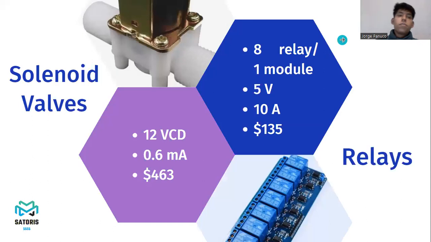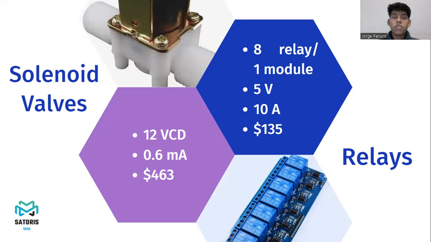Now I want to talk about our actuators and our sensors. The first one, we have solenoid valves. A solenoid valve is an electromechanical valve controlled by passage through a fluid, by a conductor or a pipe. Usually it has no more than two positions, open and closed.